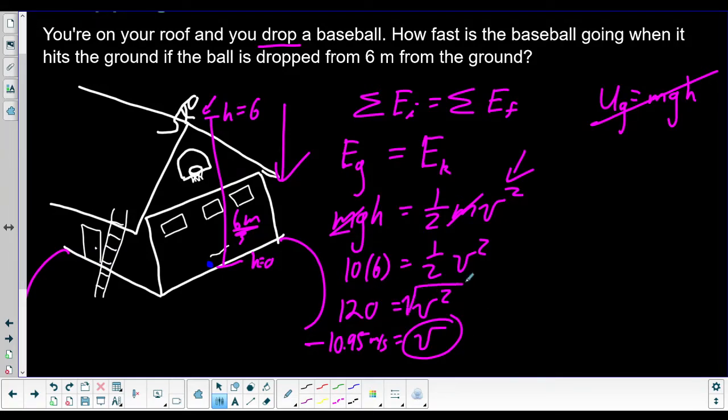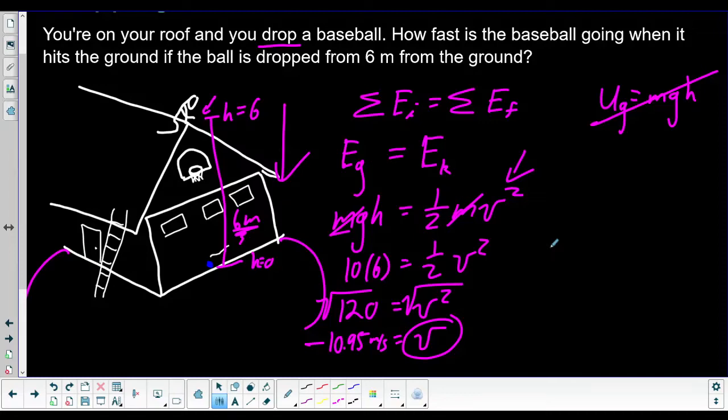Technically, when you take a square root in math, you get plus or minus. We would throw one of them away because one of them is just not physical. It's like finding the length of a side of a triangle. You throw away the negative because length can't be negative, right? This one, you have to look at what direction you said is positive or negative and then fill it in, right?